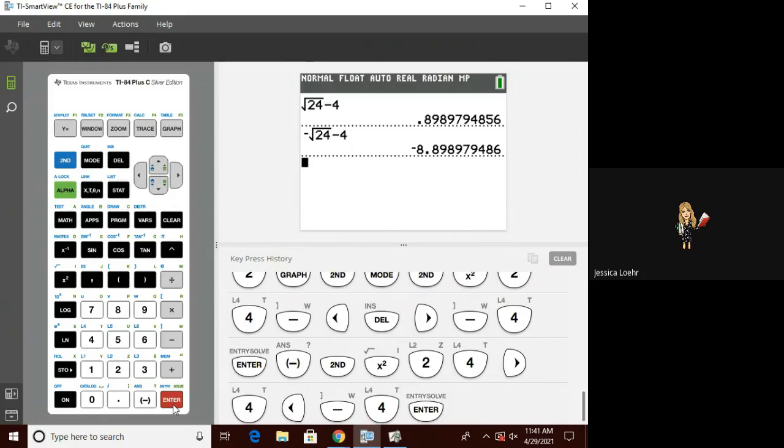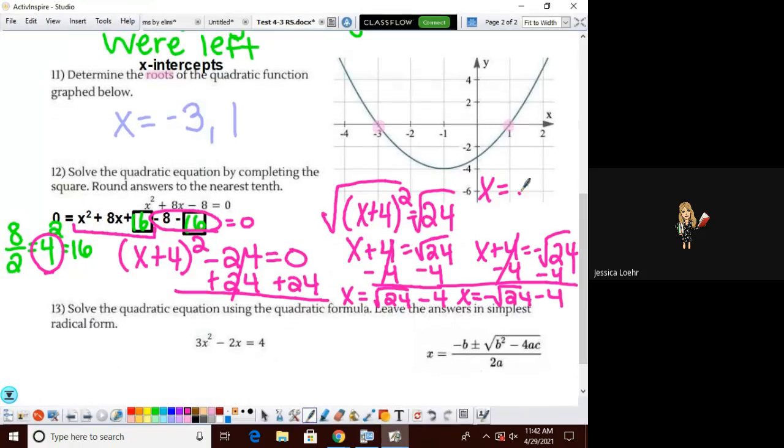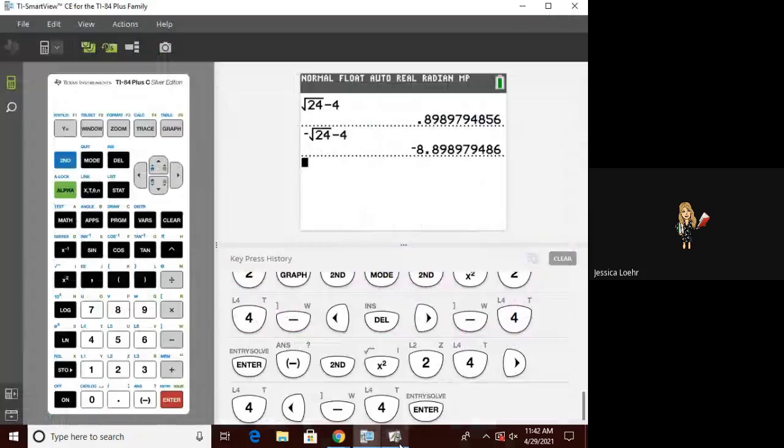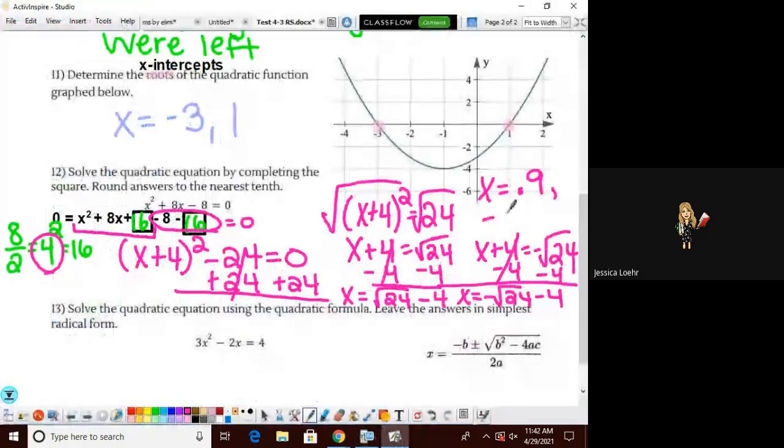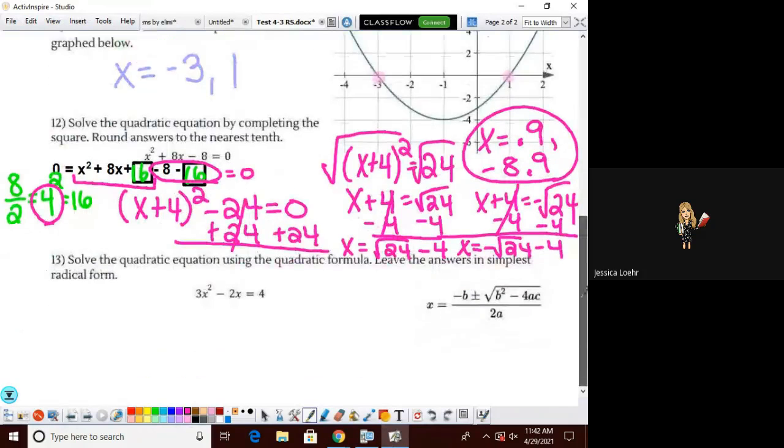So your answers are 0.9, because this is rounded to the nearest tenth. That's 1 decimal place. And negative 8.9. So those are your answers. Make sure you read it. If it says round, you're plugging it in the calculator. You do not have to simplify that into simplest radical form because it's asking for the decimal answer.